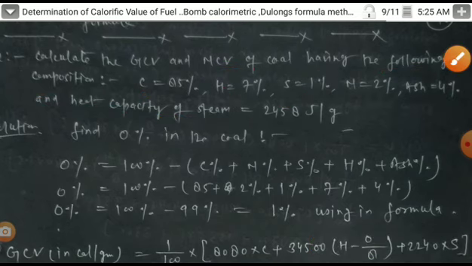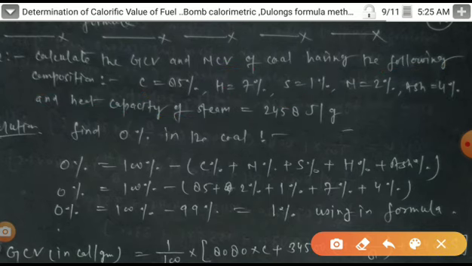For this numerical, you clearly observe that the carbon, hydrogen, sulfur, nitrogen, and ash percentages are given, but oxygen is not given. When you apply the GCV formula from Dulong's method, the oxygen percentage should also be given in this numerical, but it is missing.